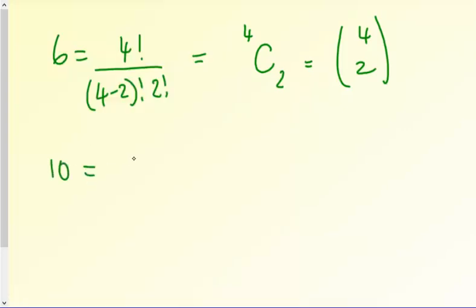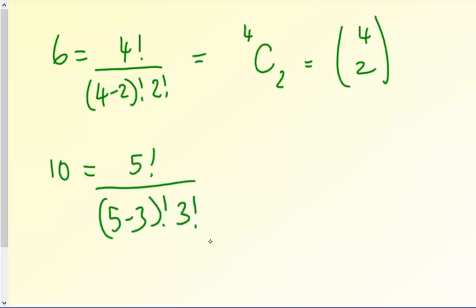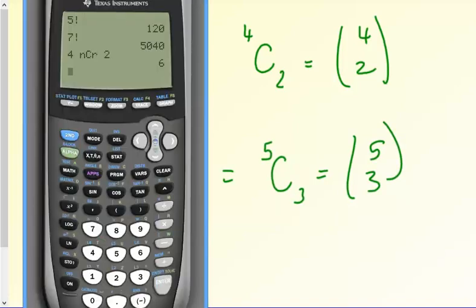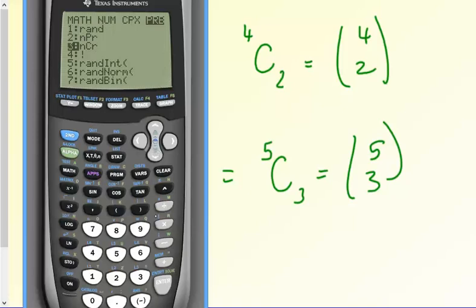Let's look at another one. The number 10 we got from 5 factorial over 5 minus 3 factorial, 3 factorial. We could write that as a combination, 5C3, or write it as 5 over 3 in brackets. On the calculator, we put 5 in first, math, the probability button, NCR, and then put our 3 in, which gives us an answer of 10.